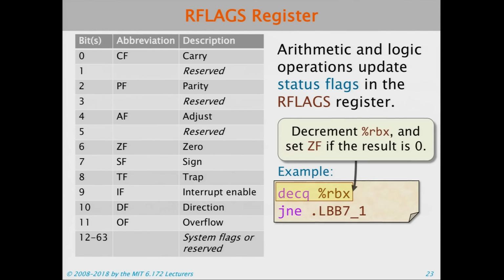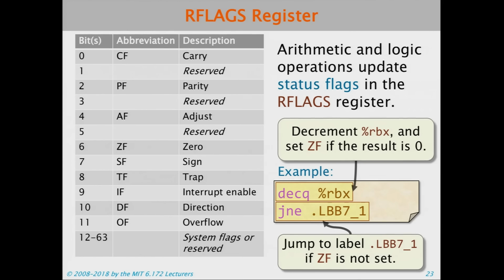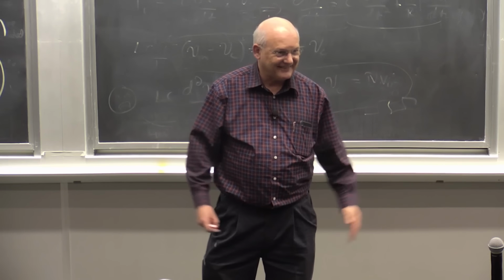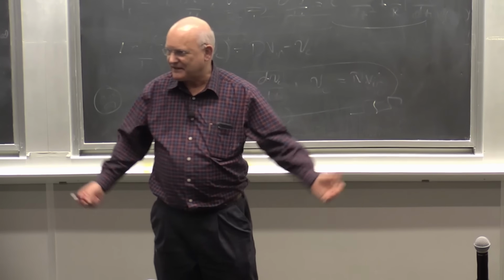For example, here this is going to decrement RBX, and then it sets the zero flag if the result is zero, and then the conditional jump jumps to the label if the ZF flag is not set in this case. Makes sense? After a fashion. It doesn't make rational sense, but it does make sense.